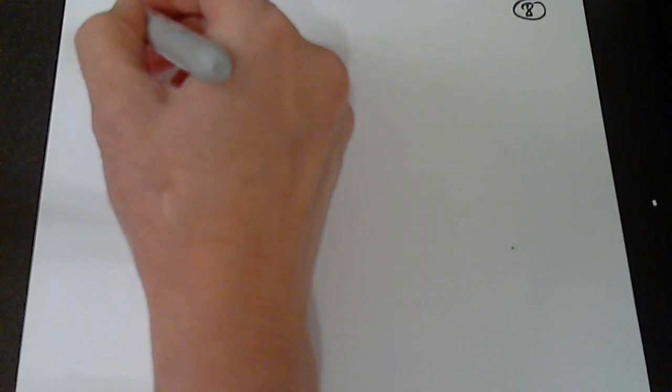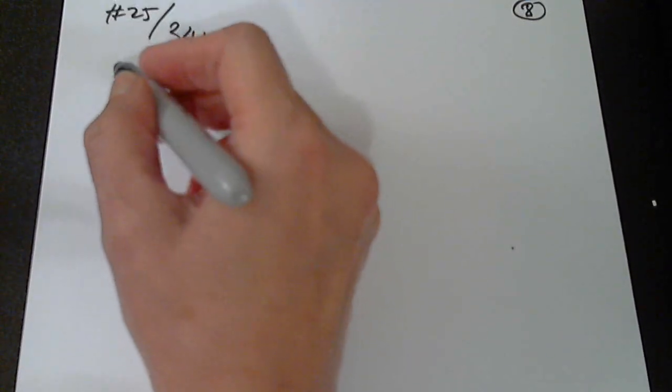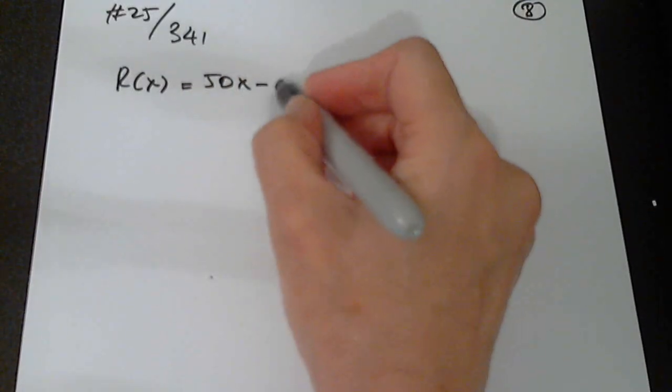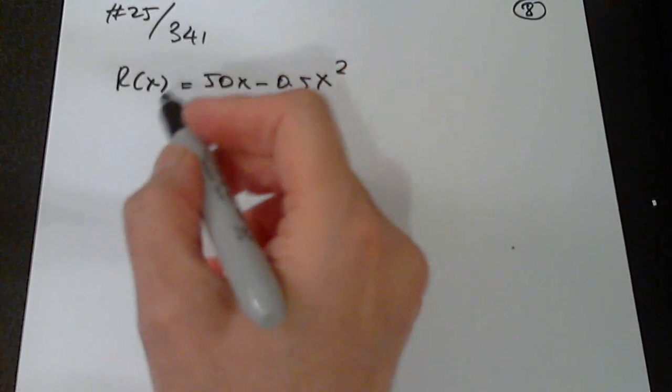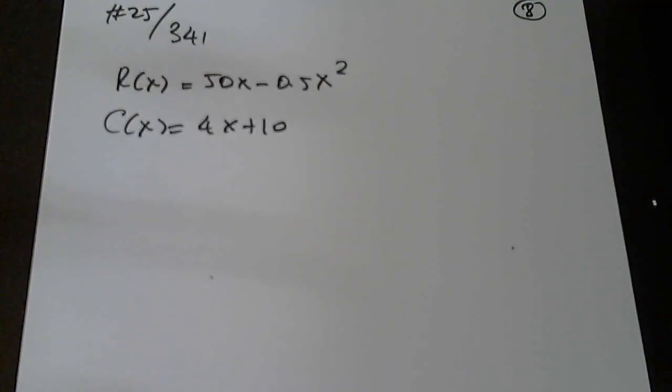Just a minor interpretation that I need to explain. So 25, and that is on page 341. So they're giving us everything. R of x equals 50x minus 0.5x squared. They're giving us C of x, 4x plus 10. And they want us to find part A, P of x.